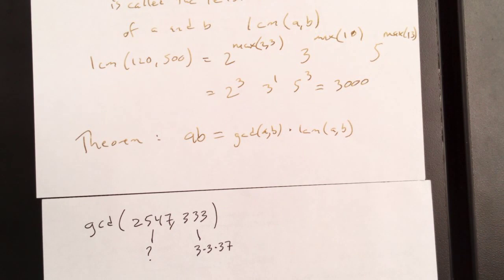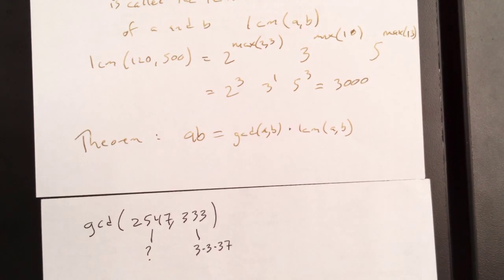Prime decomposition of 2,547. Is it divisible by 3? I know it's not divisible by 2. Why is it not divisible by 2? It's an odd number. Is it divisible by 3? Yes. 3 times?